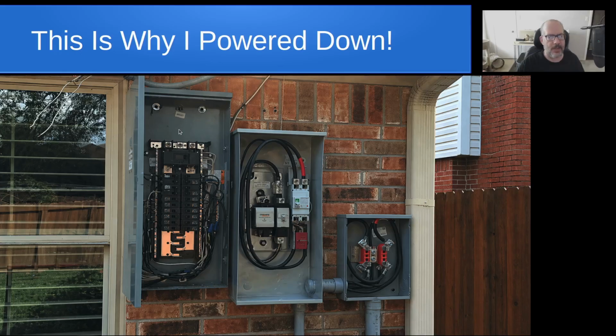At the same time, the power's been pretty unreliable, and so you may have noticed that from time to time you're unable to reach some of my services. So what we've got here in the middle is an automatic transfer switch, and over here on the right we have our meter panel.